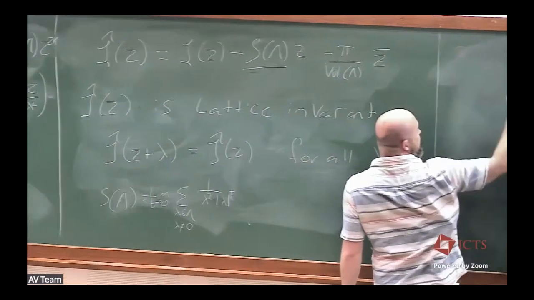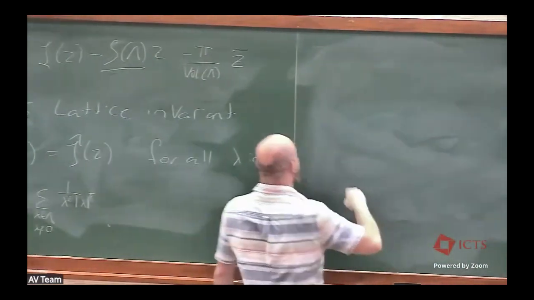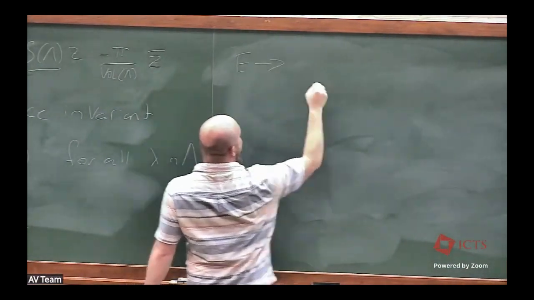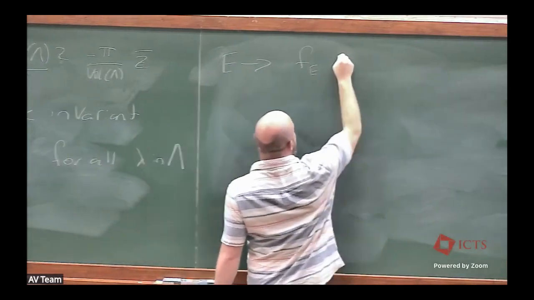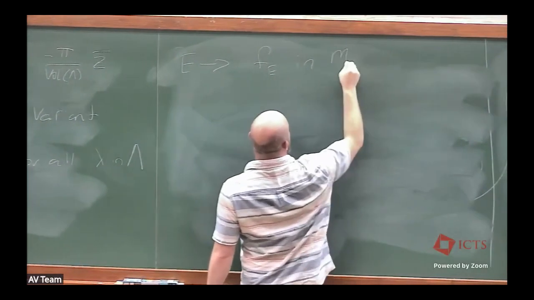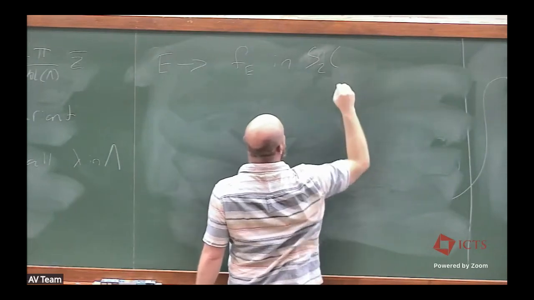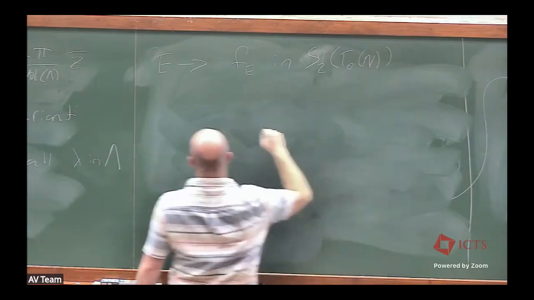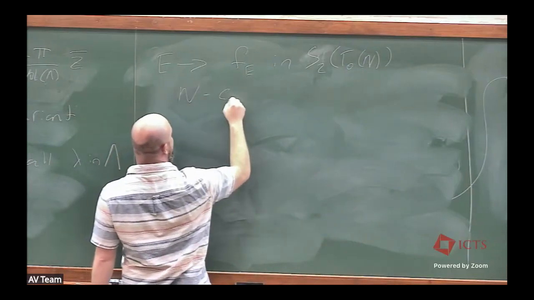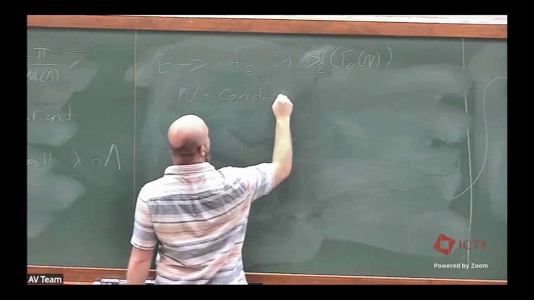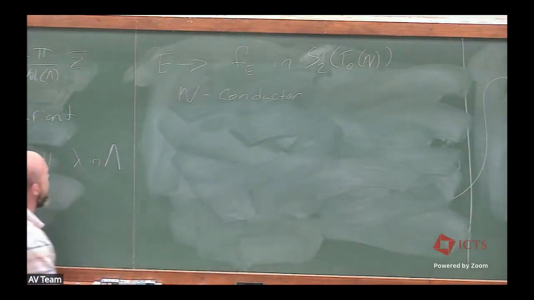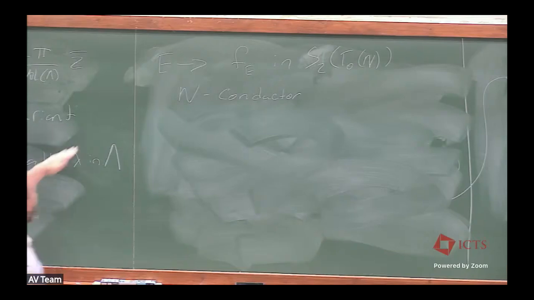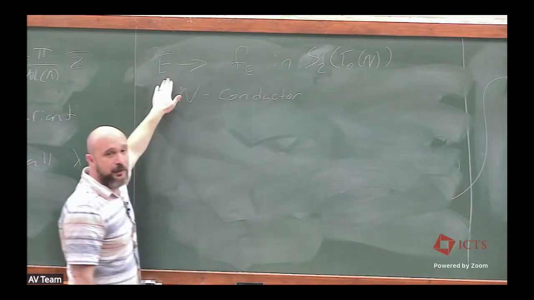So related to our elliptic curve there is some cusp form F_E in S2 of, say, gamma naught of N, where N is the conductor of the elliptic curve. I won't go into what that is, but this is related to the modularity theorem that tells us that these always exist. We always have this cusp form connected to our elliptic curve.